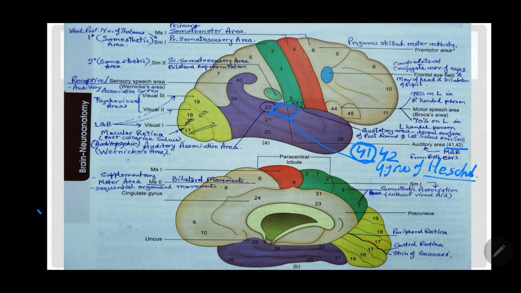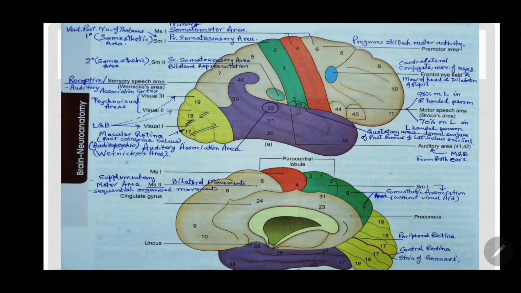Similarly here it is the acoustic radiation. So the fifth order neurons from the medial geniculate body radiate out and reach the ipsilateral primary auditory area. Okay, so that was about the auditory pathway.